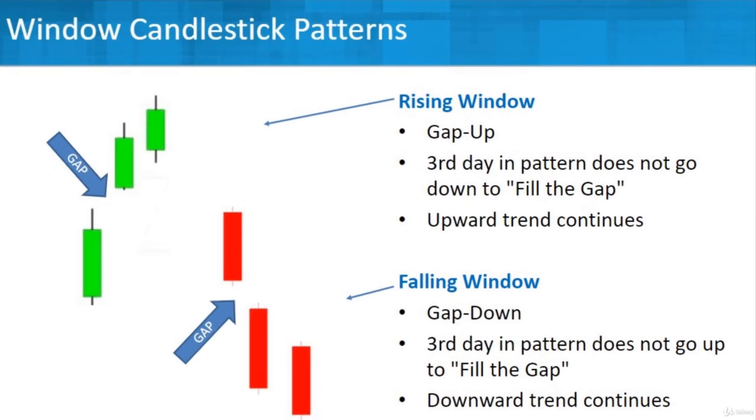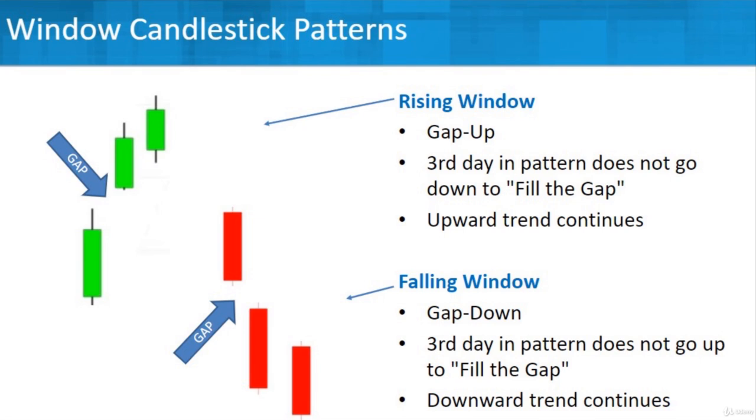A different type of signal, and this kind of works with our gaps, if you looked at the lessons around gaps, is rising and falling windows, right? What you're seeing is kind of like a gap up. It could be a breakaway gap, it could be a runaway gap, but for a rising window, you have basically a gap up. And what happens is the third day in the pattern does not go down to fill the gap.